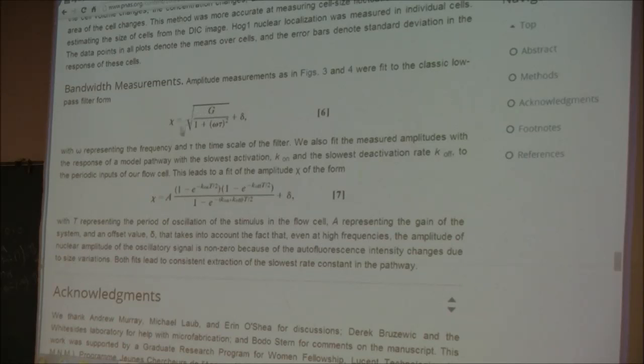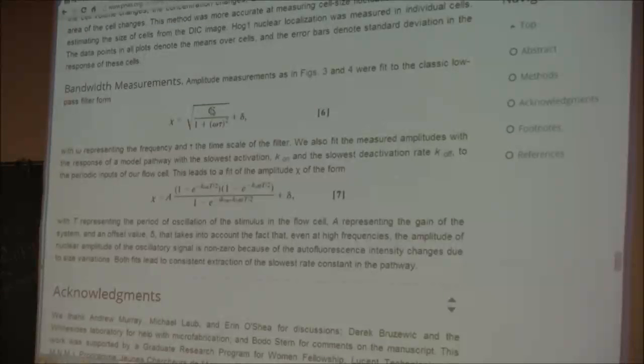And then the output, so classic low pass filter form. So this is exactly the form that we have, except that their tau is our 1 over alpha. And so if you multiply by alpha on the top and the bottom, you would get alpha squared over alpha squared plus omega squared, and alpha squared is just a constant.